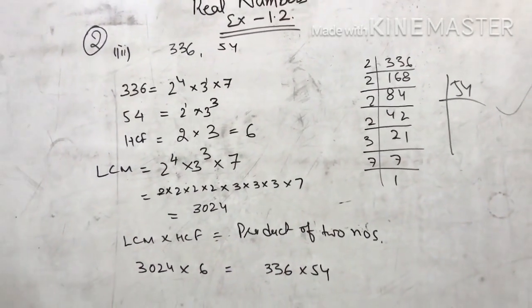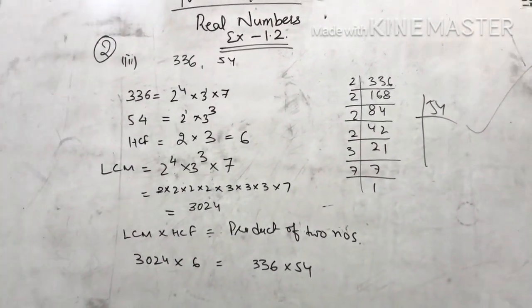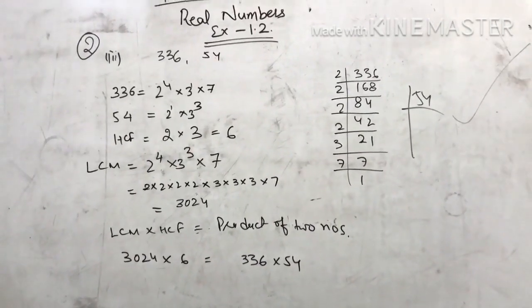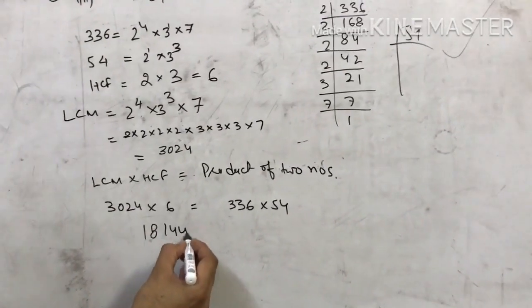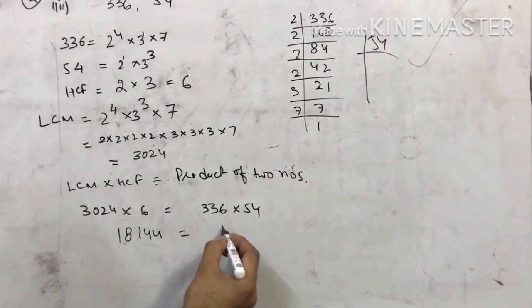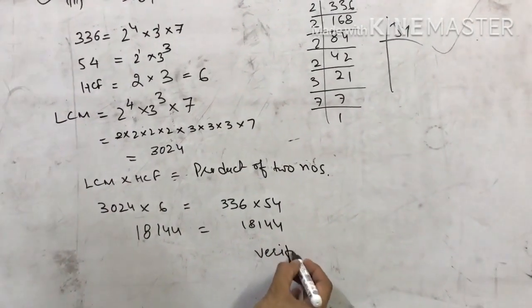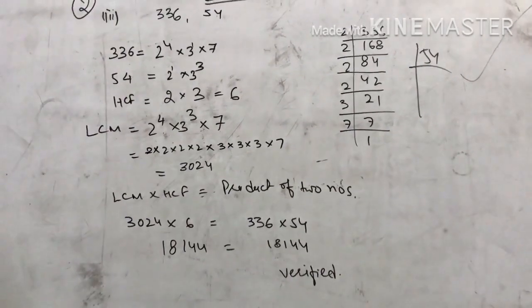We multiply these two numbers, both the number pairs, and find the result, what the number is coming out. If they are equal, it means it is verified. Verified. So you are getting same result.